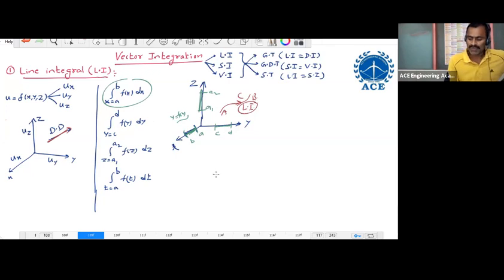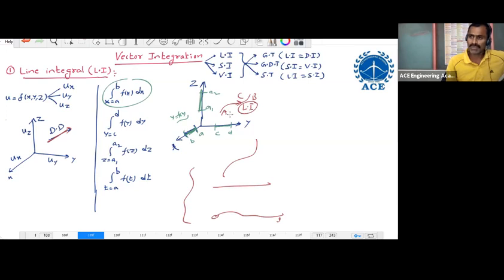If you apply a force on any body, the body is displaced from one position to another position. After displacing, if you observe the path, it may be like this, or like this, from one position to another.